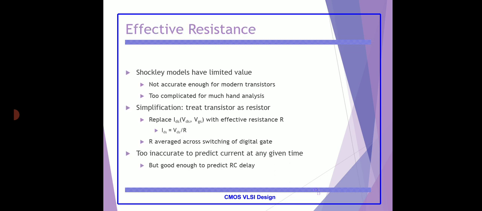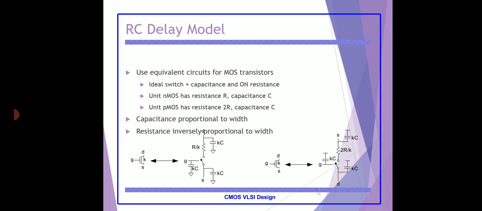It is not accurate enough for modern transistors, and it has limitations, that it is too complicated for hand analysis. The simple thing is we can treat the transistor as a resistor and replace it with the effective resistance, but it is too inaccurate to predict the current at a given time.